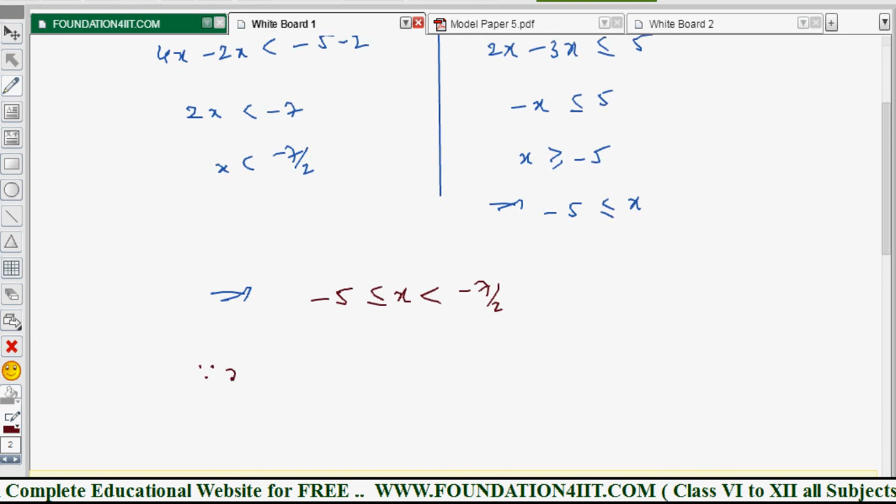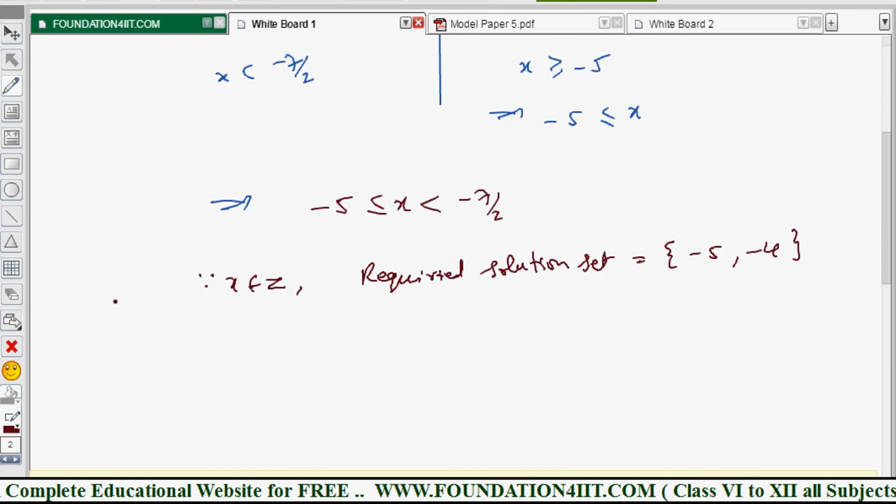So since x belongs to integers, the required solution set according to this inequation is minus 5, because minus 5 is less than or equal to x, and next minus 4, because minus 7 by 2 is minus 3.5, that's why minus 4 only. These both.